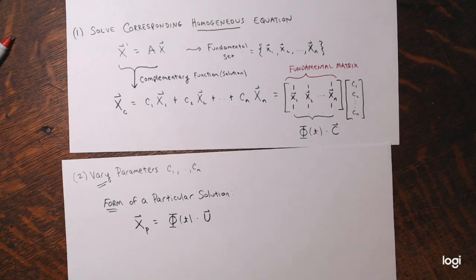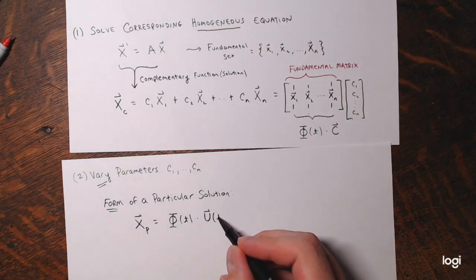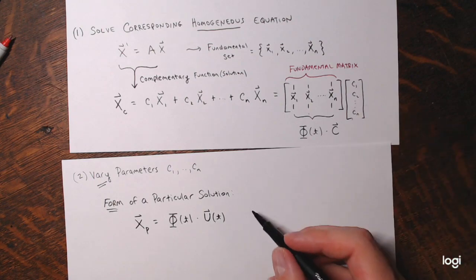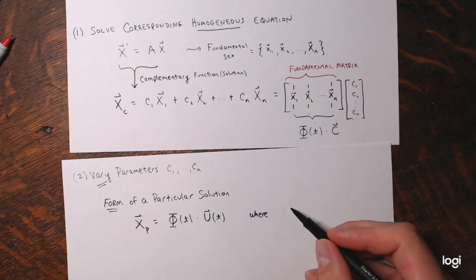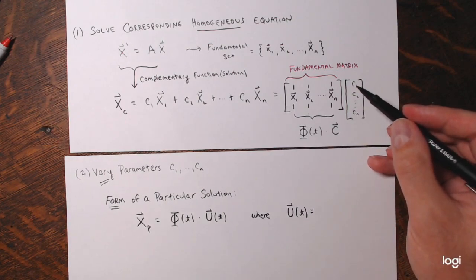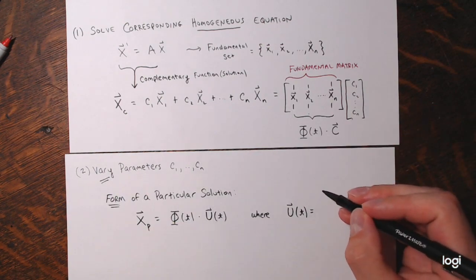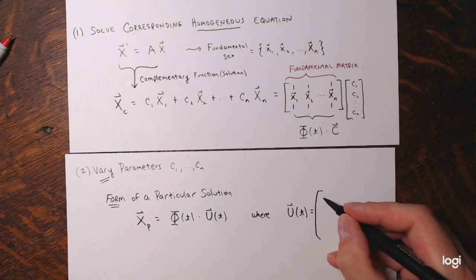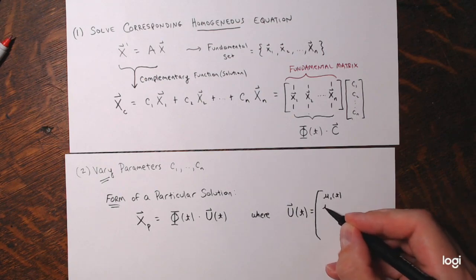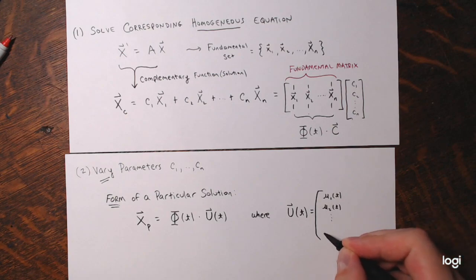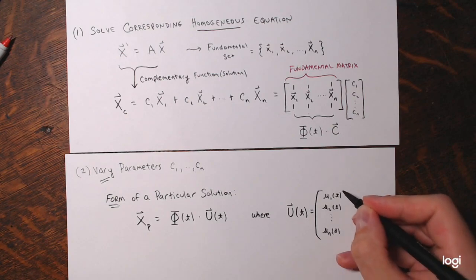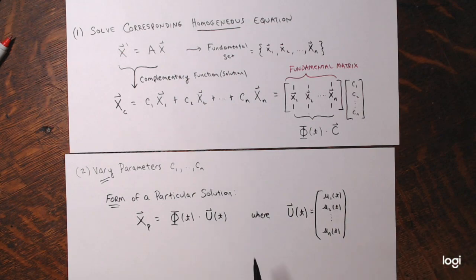Now you can just call it u if you wish, but I'm going to write u of t so you know that things are depending on t in here and not just constants. Instead of being made up of constants, these n parameters, I'm going to imagine that the parameters are varying. So I'll say u1 of t, u2 of t, and all these, un of t, all these functions of t make up the components of this u of t.